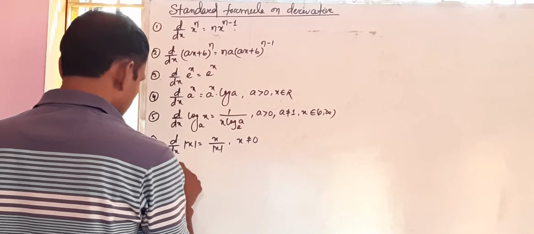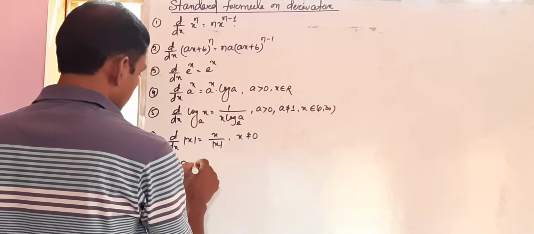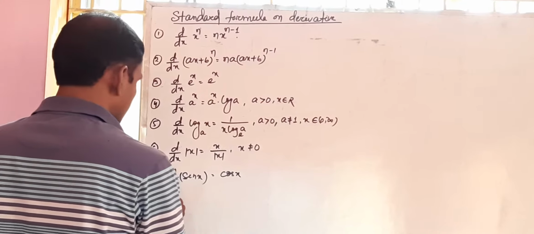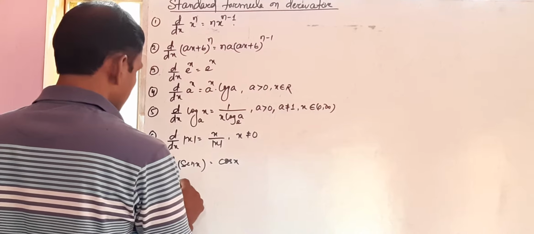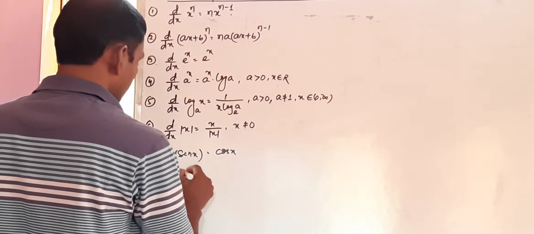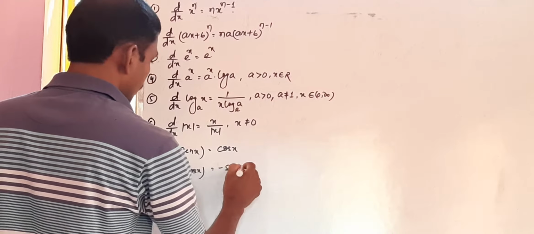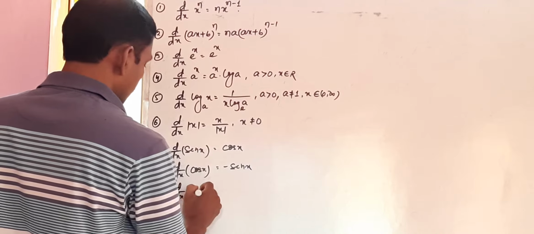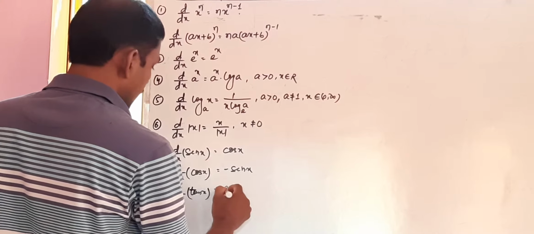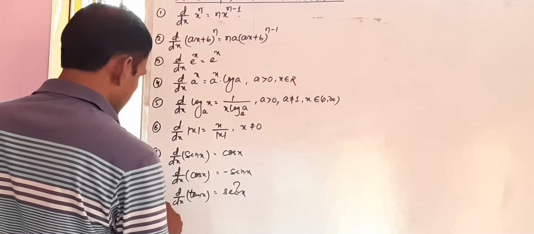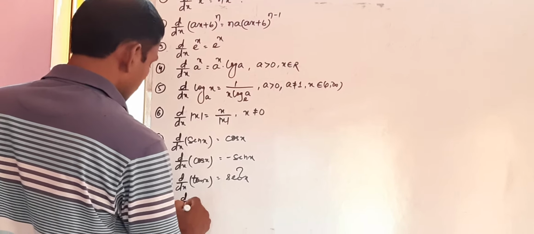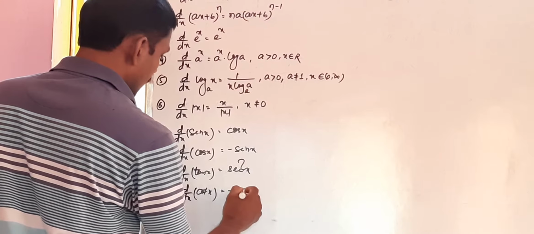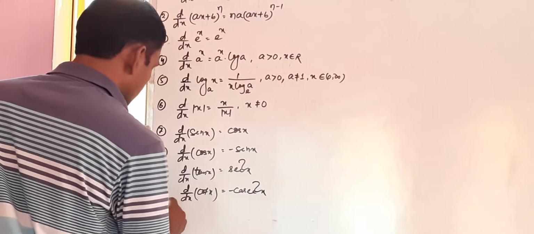Then regarding trigonometric functions, derivative of sin x is cos x. Derivative of cos x is minus sin x. Derivative of tan x is sec square x. Derivative of cot x is minus cosec square x.